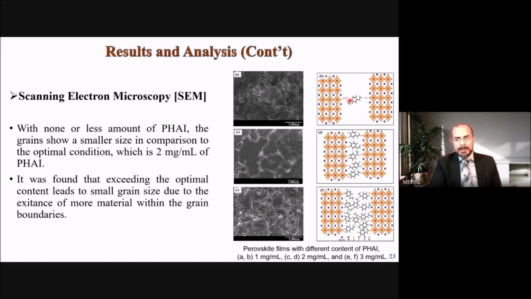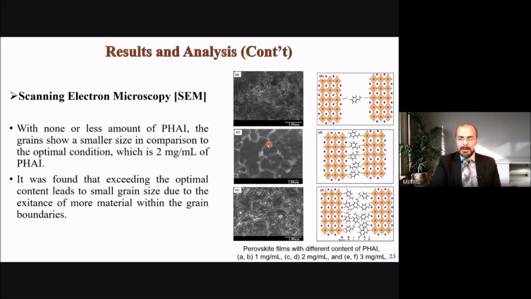So first, when we added only 1 milligram per milliliter, it wasn't enough to grab the boundaries, the grains together to form one big grain.